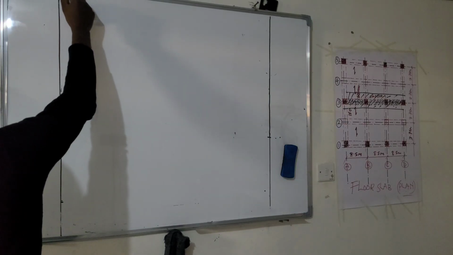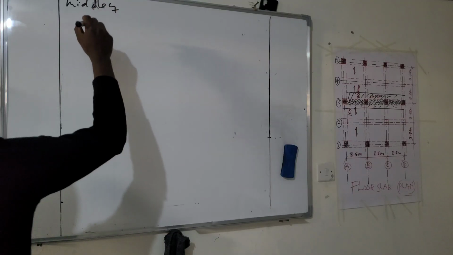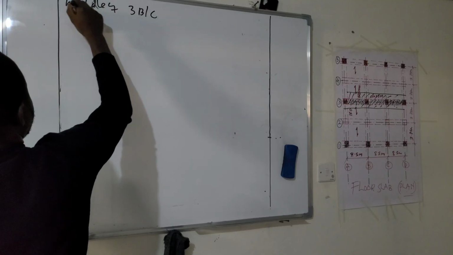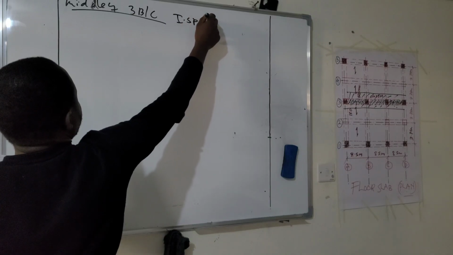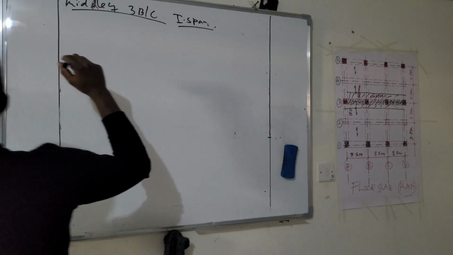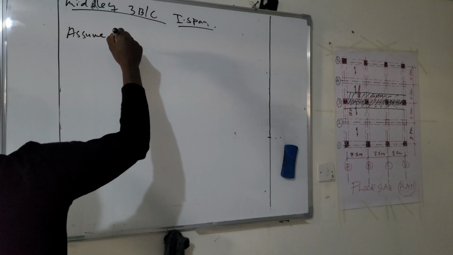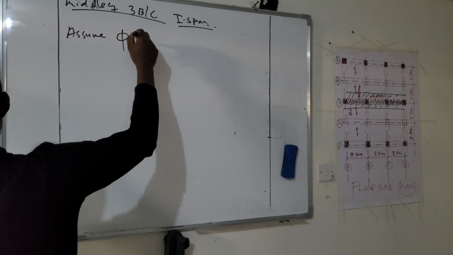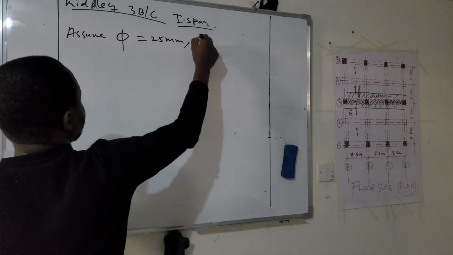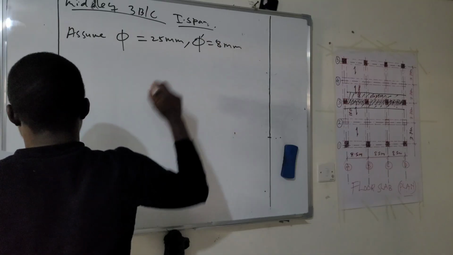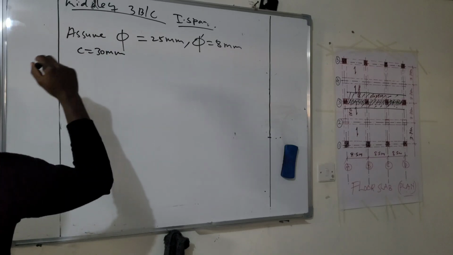So middle of 3B, or interior span. So assume a diameter of main steel to be 25 millimeter and the diameter of link 8 millimeter, C is 30 millimeter.